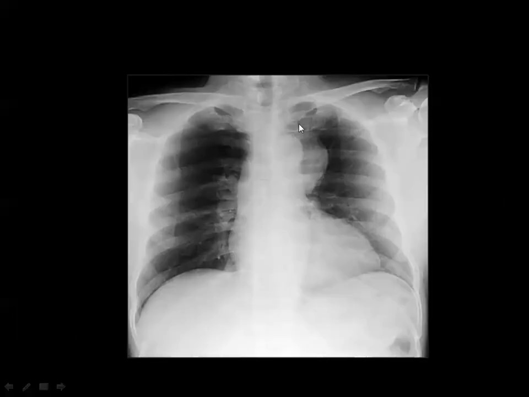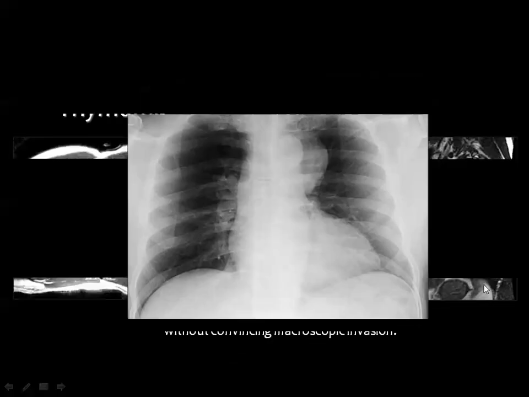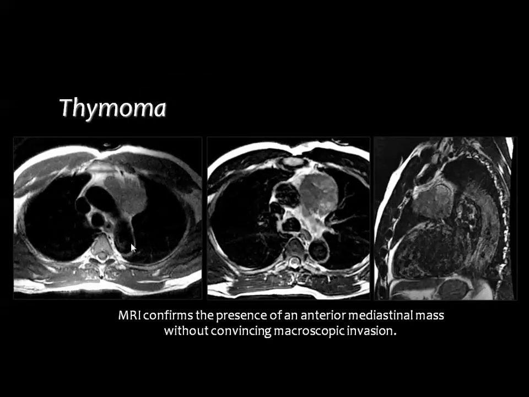And here you see a lesion which is related to the aortic contour, but you can easily appreciate the well definition of the aorta. Then this should not be of aortic origin, and the MRI confirmed that the lesion is located within the anterior mediastinal fat along the anterior aspect of the arch of the aorta, and this was a thymoma.